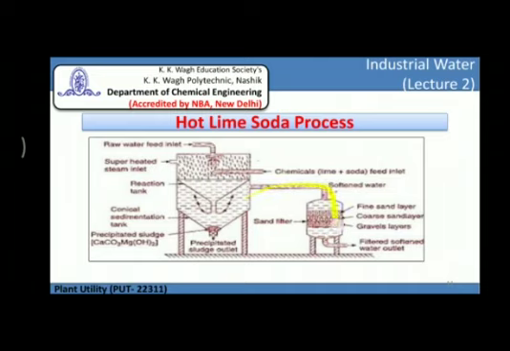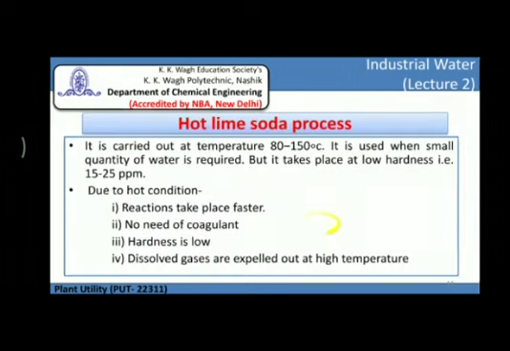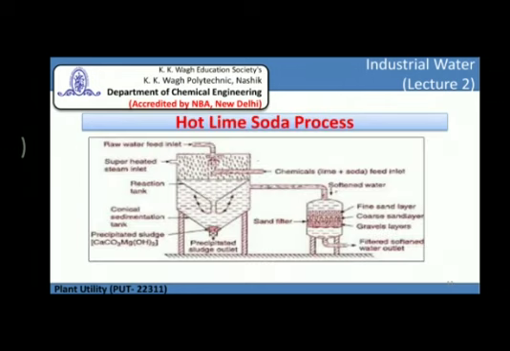This water is then passed through this fine sand layer, coarse sand layer, and the gravel layer. After passing through this, all the undissolved impurities which are formed during the reaction get filtered out over here, and finally we get the soft water from this outlet.